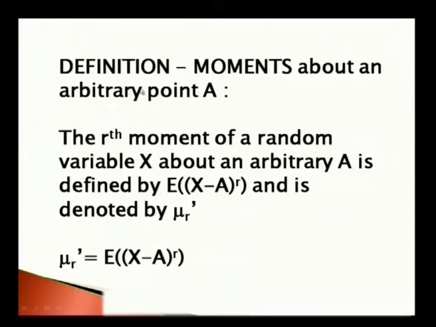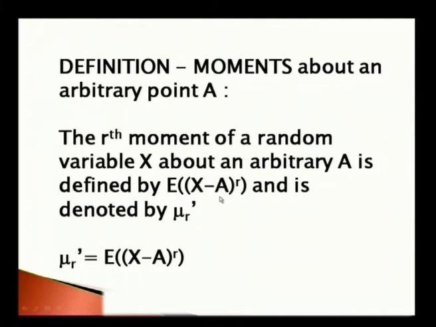Now, discussing moments about an arbitrary point A. The raw moment discussed earlier was the moment about the origin. Now, we are going to deal with the rth moment of a random variable x about an arbitrary point A, defined by expectation of x minus a whole power r.